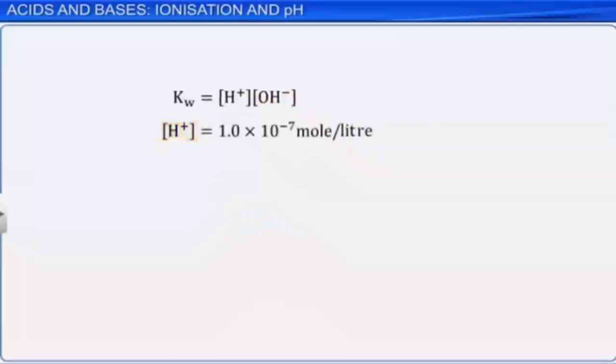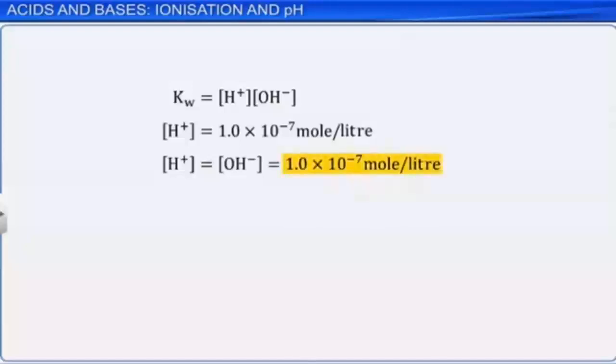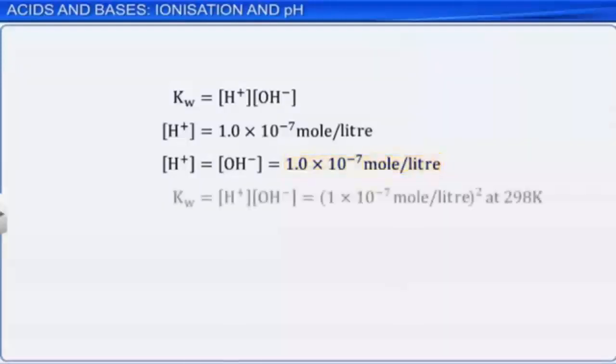Experimentally, the concentration of H+ ions at a temperature of 298 Kelvin was found to be 1.0 multiplied by 10 to the power of -7 moles per liter. The dissociation of water produces an equal number of H+ and OH- ions, and hence, the concentration of OH- would also be equal to 1.0 multiplied by 10 to the power of -7 moles per liter.